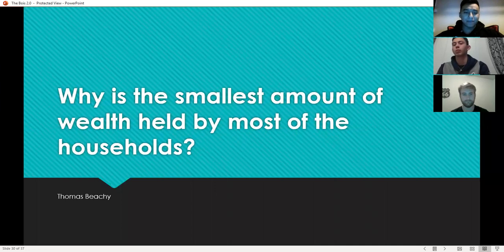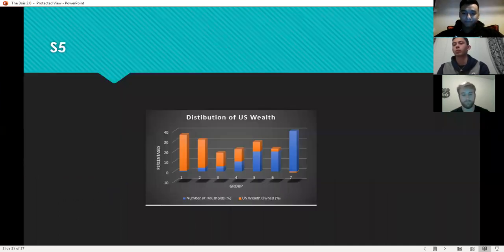Why is the smallest amount of wealth held by most of the households, Thomas? So in our data, we can see that almost half of the wealth in America is held by the top households. The fewer households there are in this graph, the more wealth is held by them.